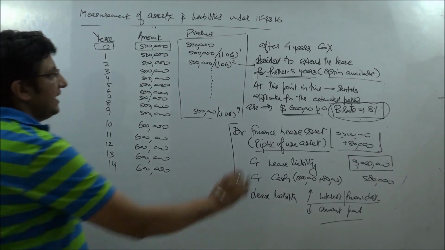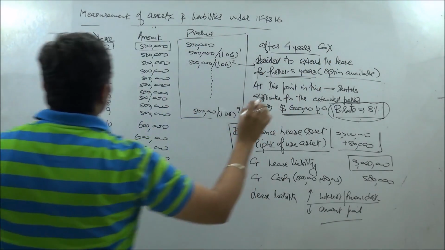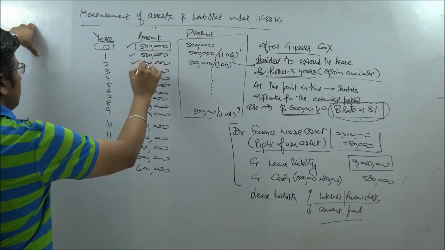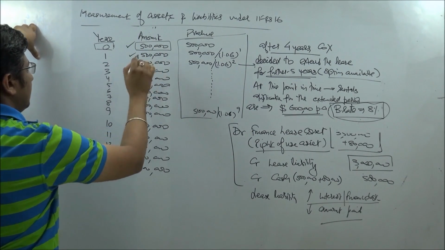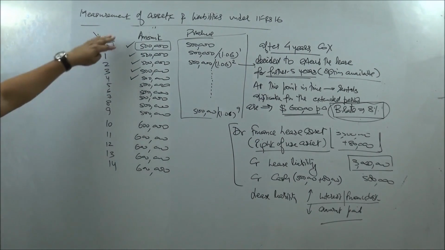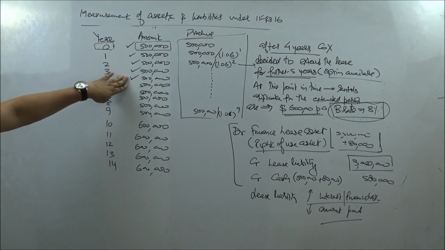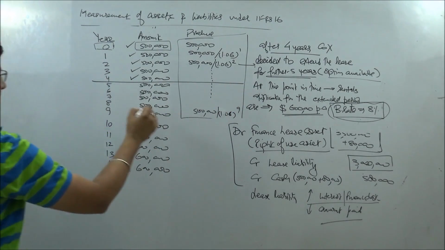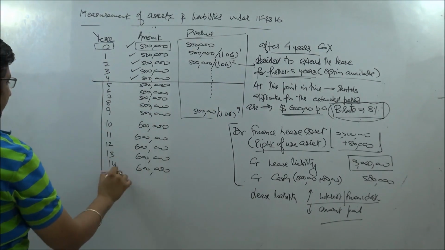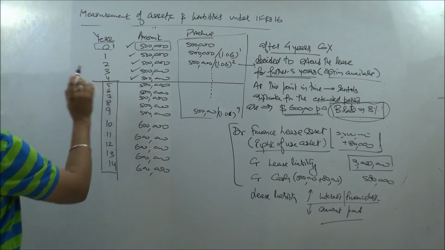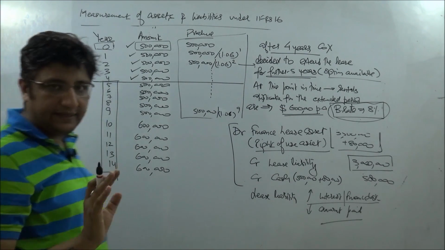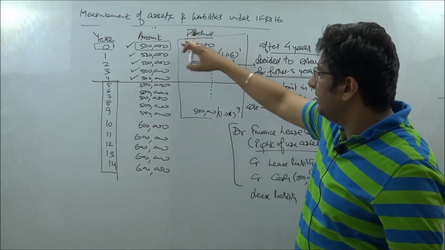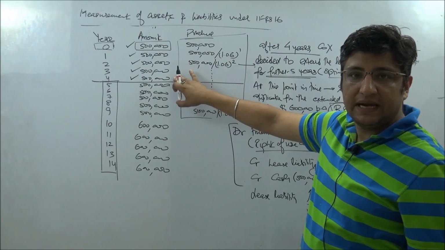Since you said that after 4 years of time, I'm done with this point, this point, this point, this point, and this point. I've made 5 installment payments already, and I'm now left with year 5 until year 14 end, right? So we need to be absolutely sure about what we're going to do here.